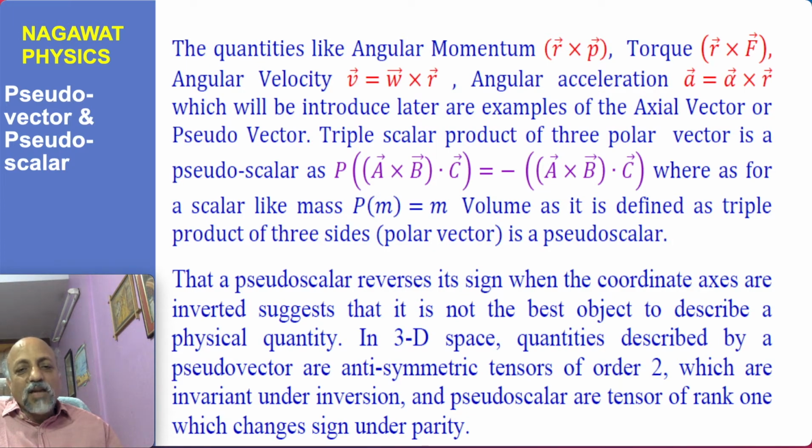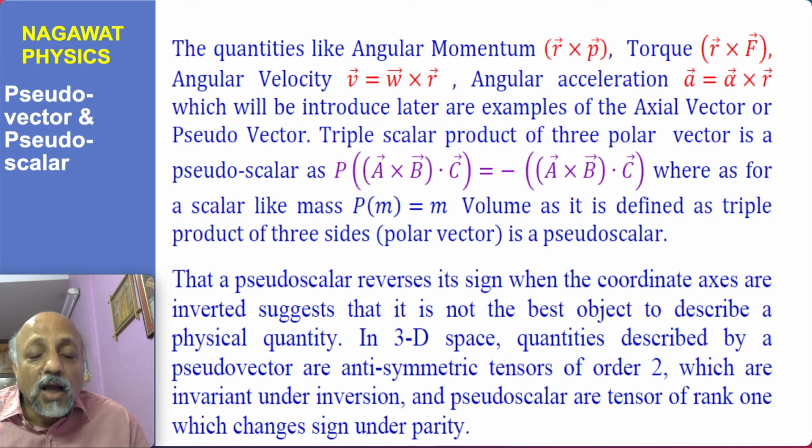But we will be better able to understand these notions only when we take up the discussion on tensors in much better terms, and a detailed discussion on tensors would definitely be required at some stage of this series of video lectures.